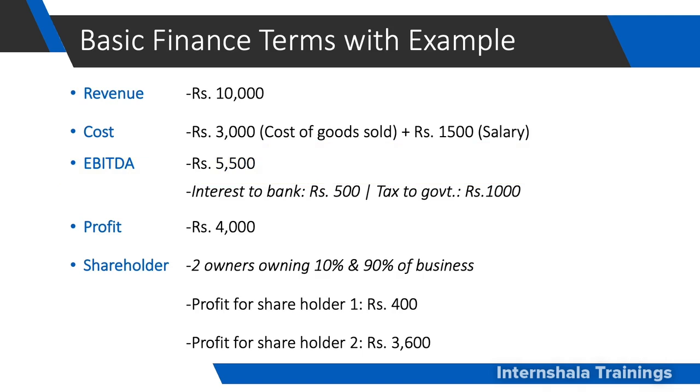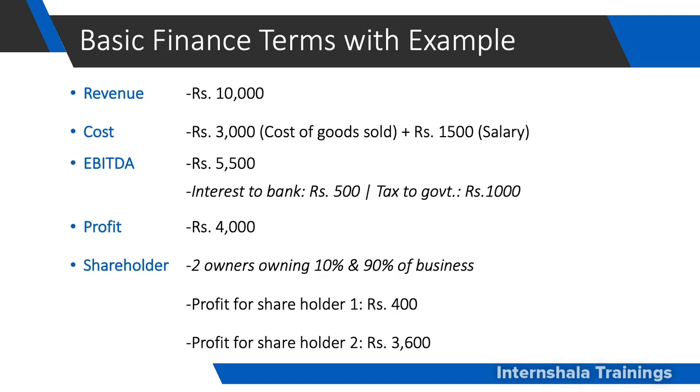Now, the company had also taken a loan for which the company had to pay interest to the bank, which was worth 500 rupees. And the company, since it has earned something, had to pay tax to the government. Let's assume it was rupees 1,000. Hence, the profit is whatever is the EBITDA value minus the interest which is paid minus the tax which was paid to the government.